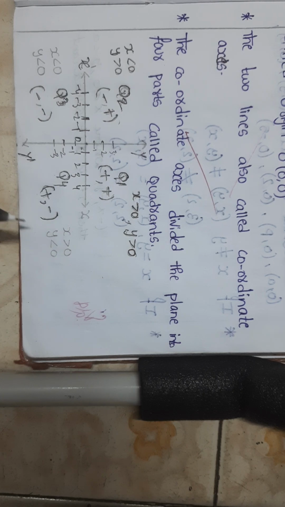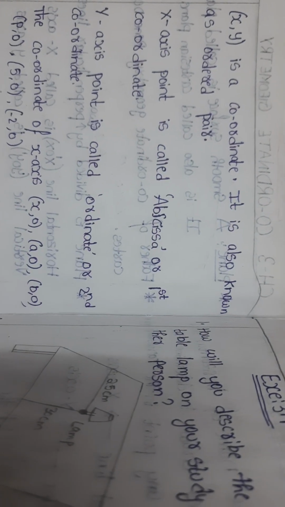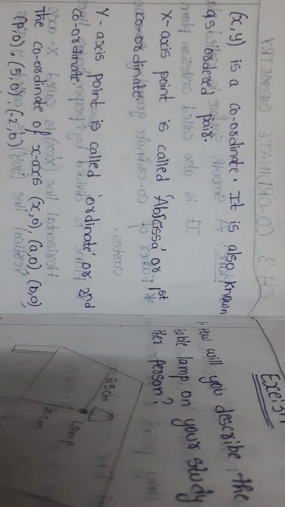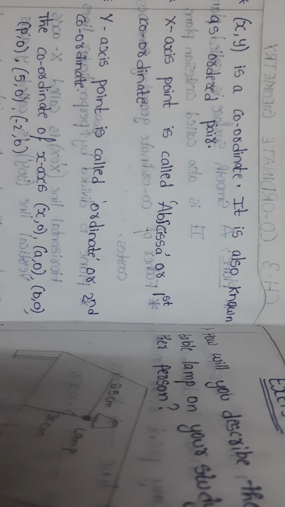This is the fourth quadrant. Like this, we need to write the entire information so that you can easily understand each content.